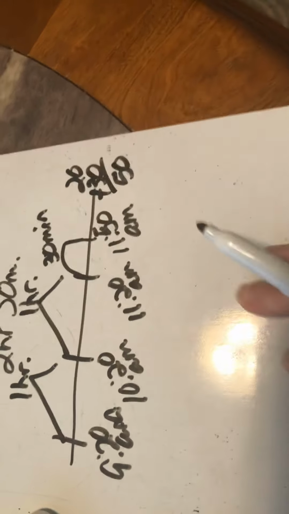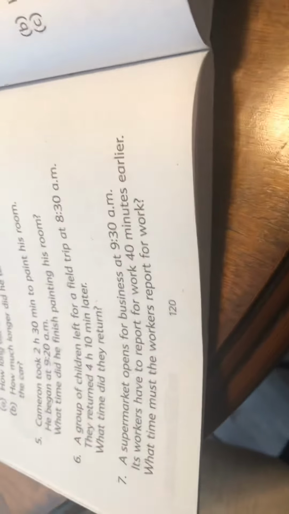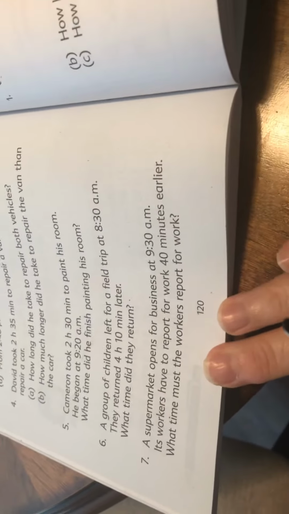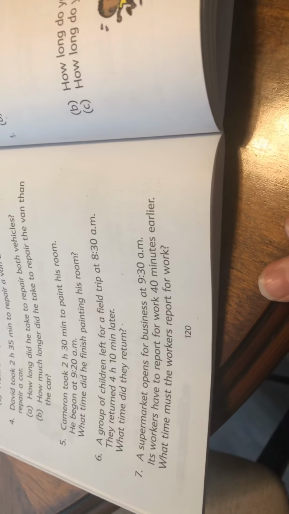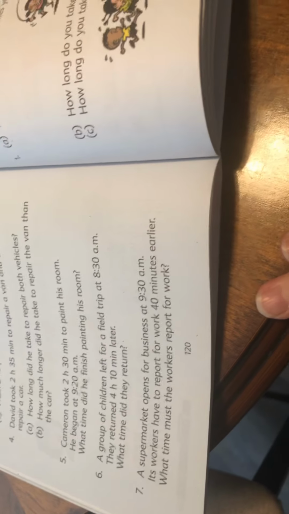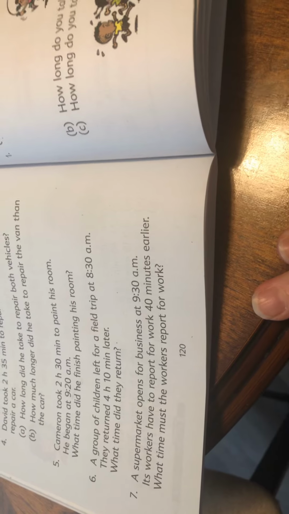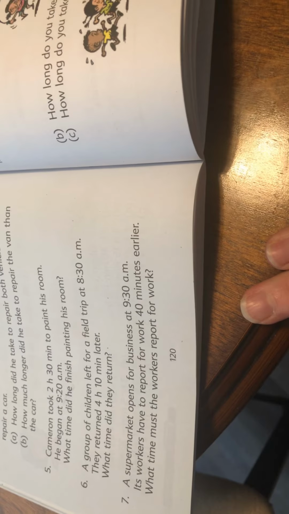Okay, let's do one more together. Let's do number 7. A supermarket opens for business at 9:30 a.m. Its workers have to report for work 40 minutes earlier. So what time do the workers report for work?